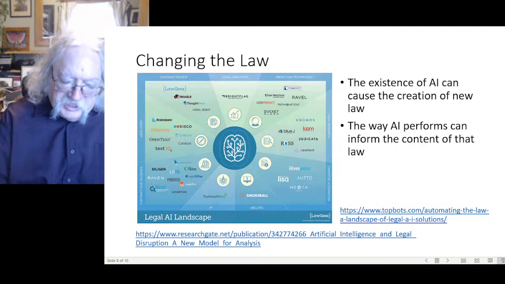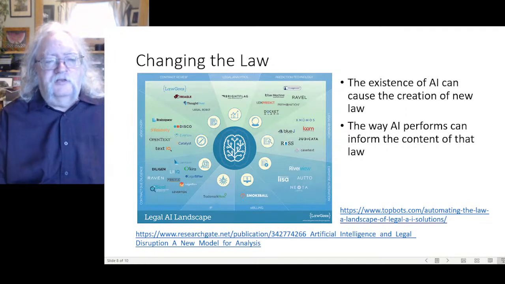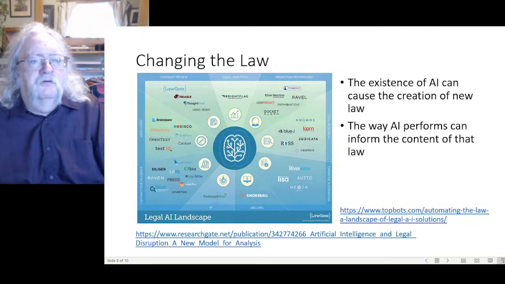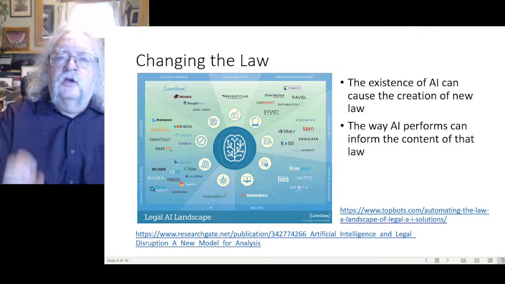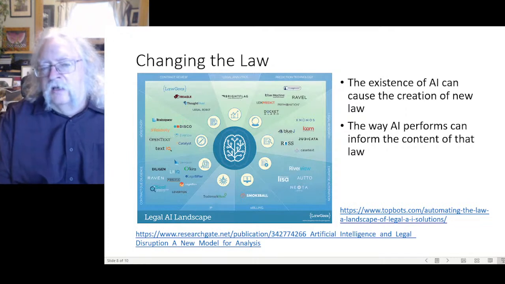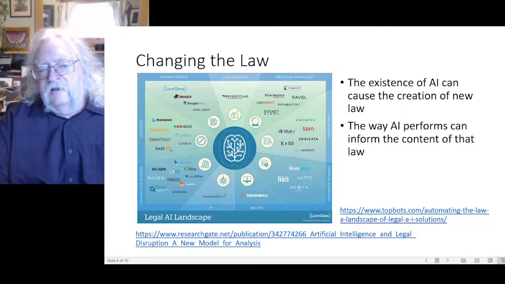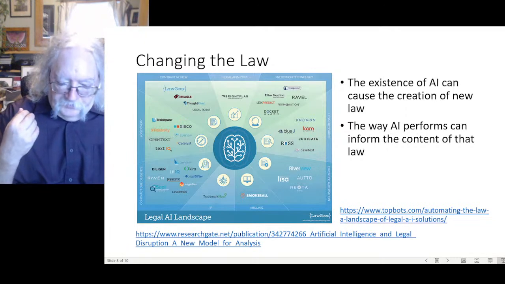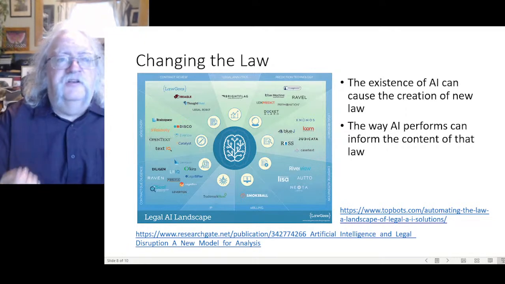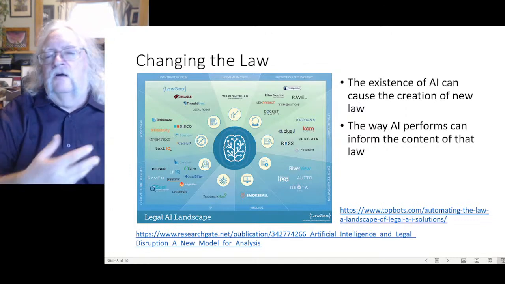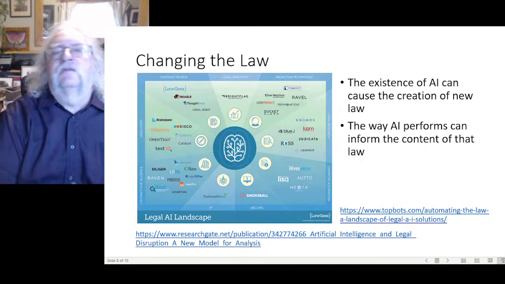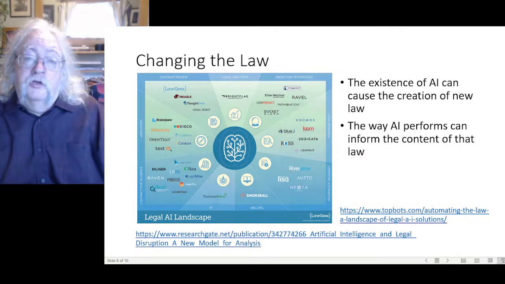And to get a sense of how this works, we go back to Lawrence Lessig, who back in the year 2000 was writing things like code is law. And the idea here is that the capacities, the demands, the dictates, the actual implementation of computer software is much more detailed than any law could be.